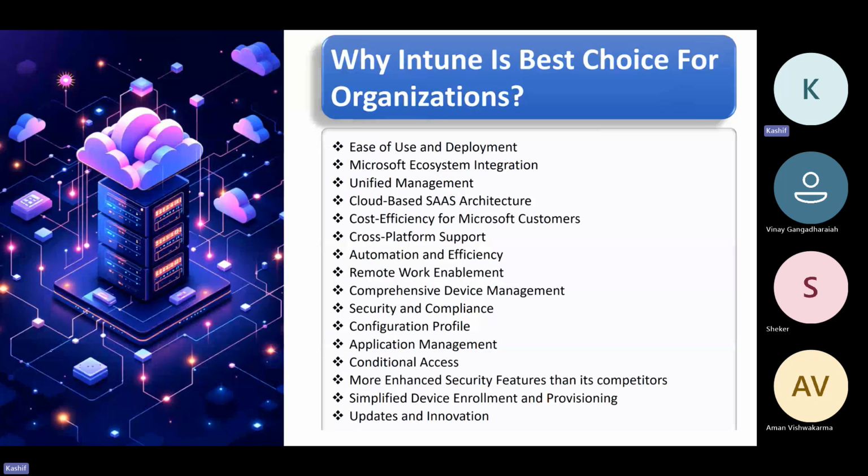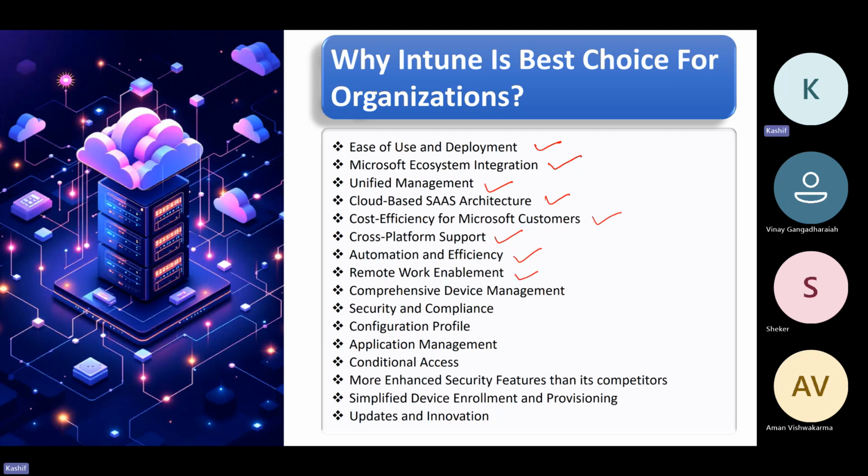Now, why is Intune the best choice for an organization? Because it is easy to deploy. It has integration with Microsoft products, unified management, and SaaS architecture. You don't have to build any architecture in your organization. Everything is configured as software as a service on the Azure platform. Cost efficiency: it is very cheap for Microsoft customers. Cross-platform support: you have support for Android, iOS devices. Automations are there.